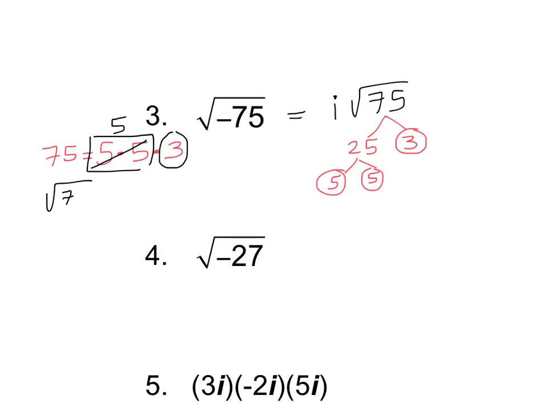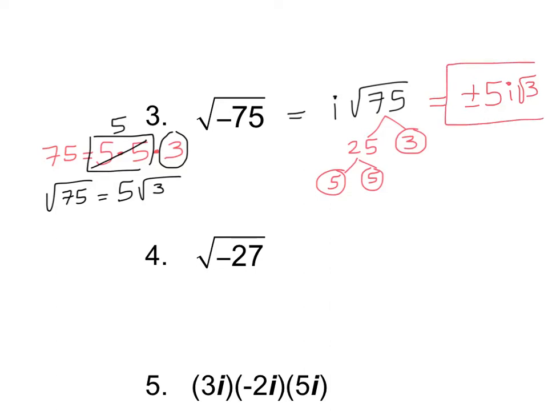So the square root of 75 will now become 5 square root of 3. The reason 5 left the radical is because we have a pair of 5s. You see that? Okay, so the final answer would be plus or minus 5 radical 3, and don't forget the i.